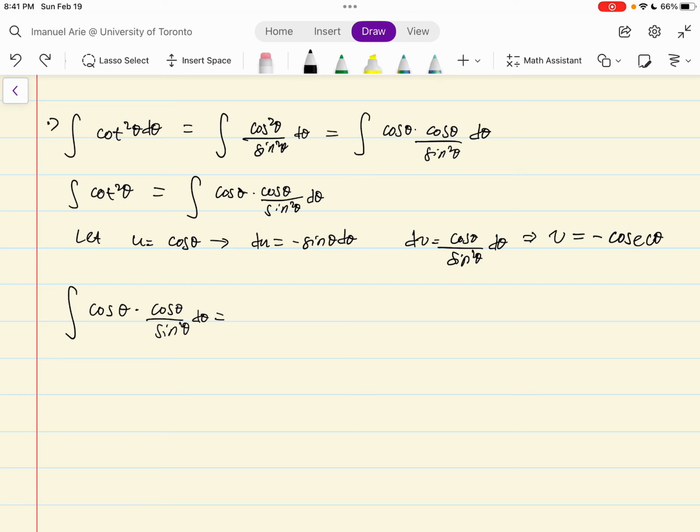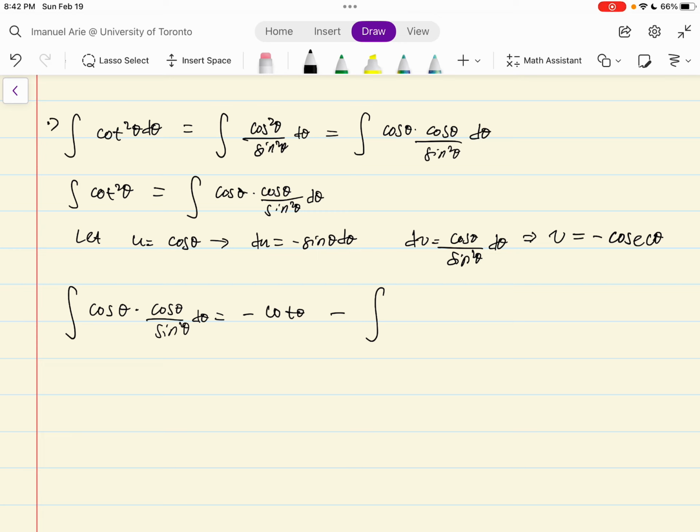We will have u times v, which is the negative cosine theta times cosecant theta, where cosecant theta itself is just cosine theta divided by sine theta, so we get cotangent theta. Rewriting it directly, minus cotangent theta minus the integral of v du, which is sine theta times cosecant theta.